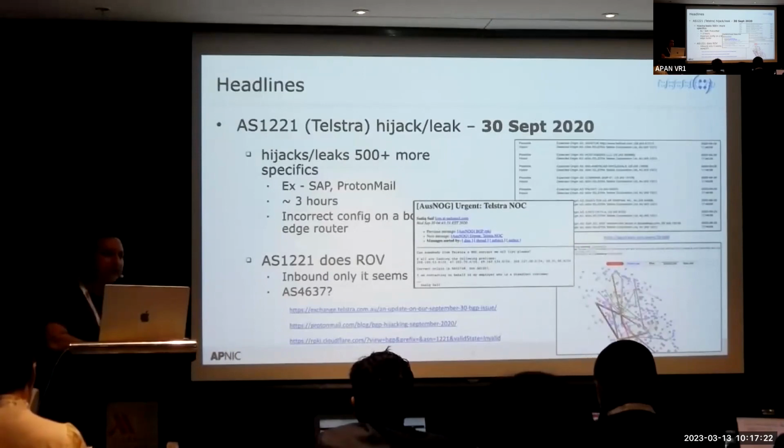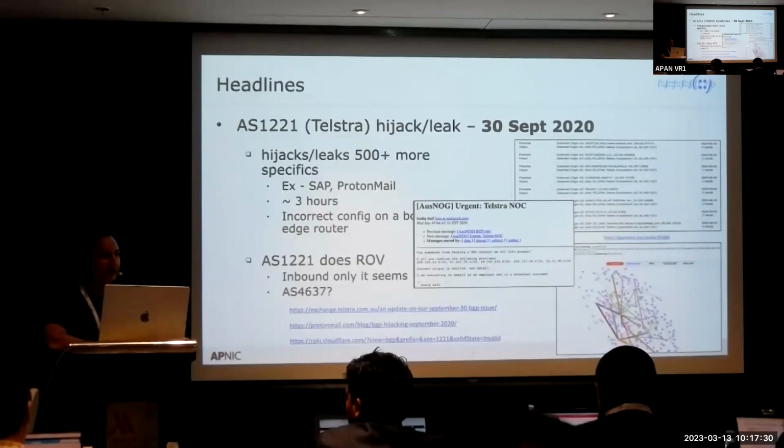It's basically an incorrect configuration of the border router. Right. And there is nothing we can do. I mean, it's a mistake, and it can affect your services at least for a few hours until you find out what's wrong, right? And yeah, it affected services like Proton Mail for 3 hours, right? And again, it's not bad intent.